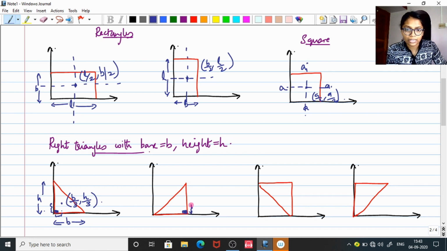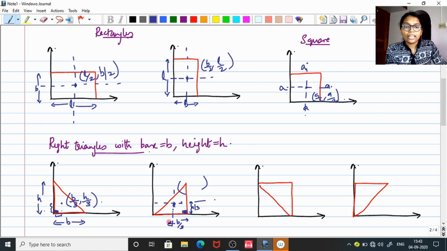The H by 3 gives the y coordinate somewhere on this line, and you have to measure the x coordinate from the right angle point, that is B by 3. So this is your centroid for the right triangle placed in this way.